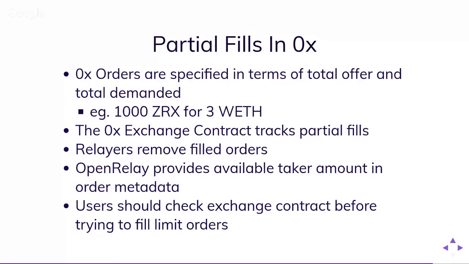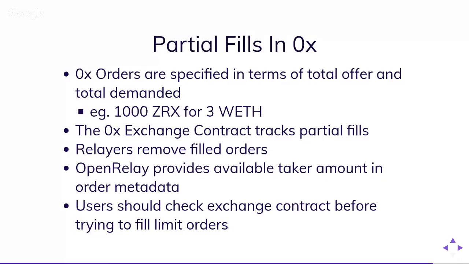So each order specifies one fee recipient that receives both the maker fee and the taker fee when an order gets filled. The 0x exchange contract looks at the fee on the order and collects the fees from the maker and the taker and pays them to the fee recipient specified on the contract.